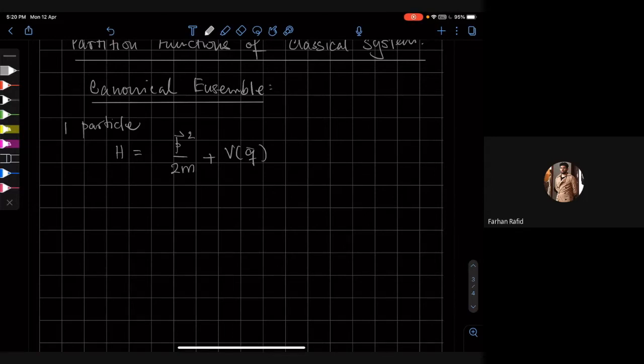So the configuration of a classical system, how do we count that? We essentially count this by saying that if we look at the phase space, and suppose we take a small volume of the phase space, say dq dp, then what is the probability that our system is found in this volume?